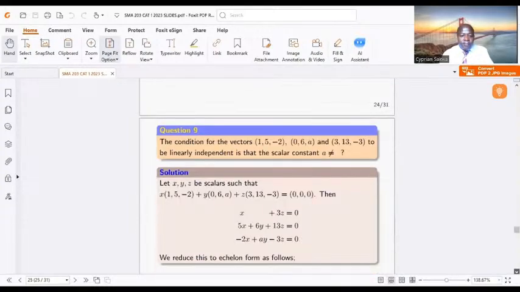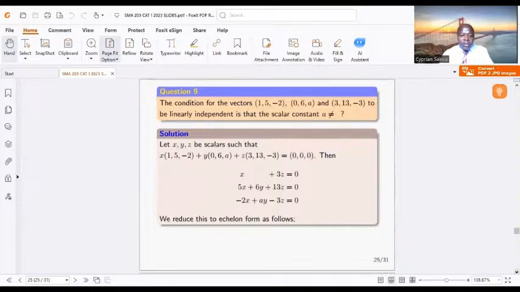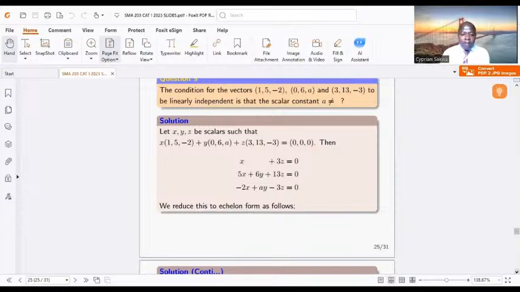Question 9. Find the condition for these vectors to be linearly independent. The vectors are linearly independent if the only scalars a, b, c that work are those where each scalar is 0.